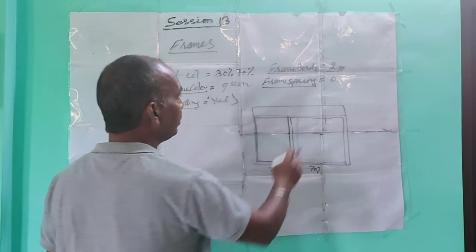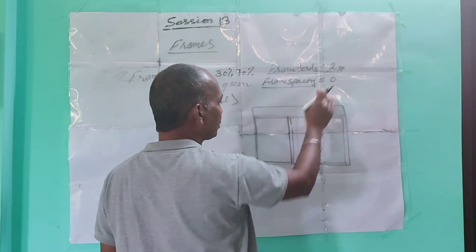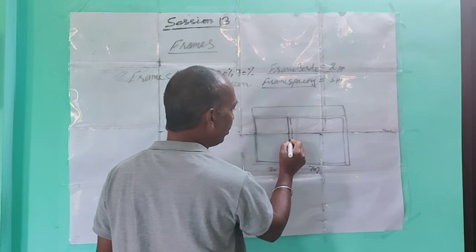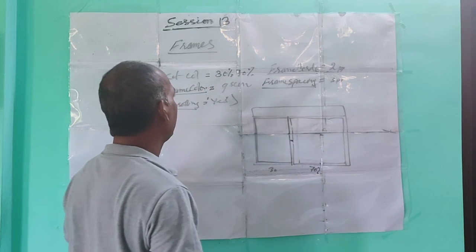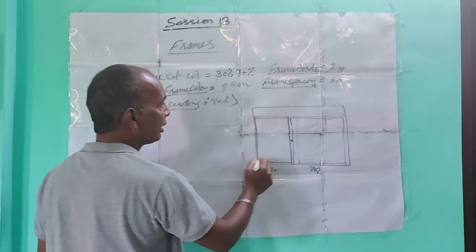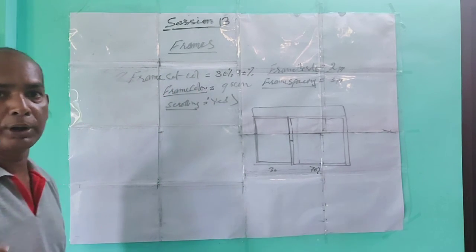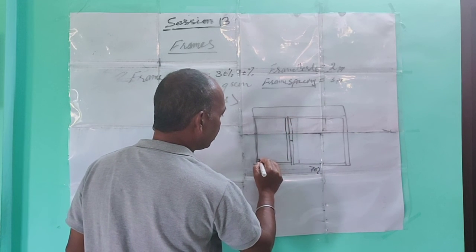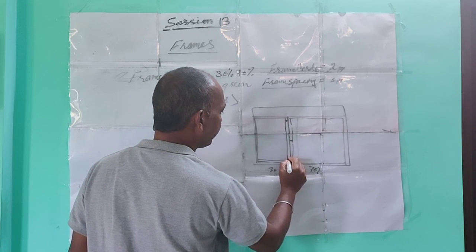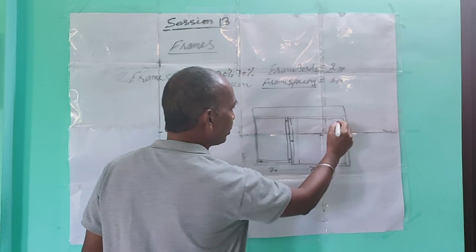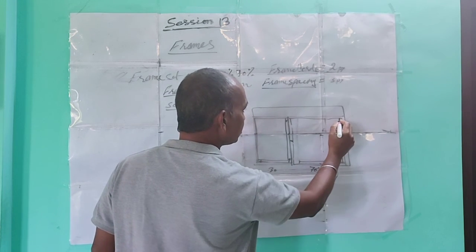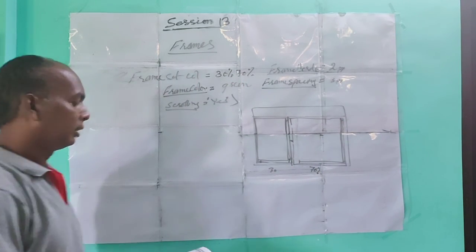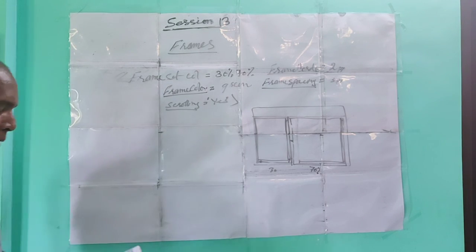Framespacing 0, so you will not get space, but if you give 3px, then you will get a space of 3px. And scrolling is yes. If you give yes, whether the web page is small or big, the vertical scroll bar or horizontal scroll bar appears on the screen. So here we can use different attributes in a single web page.